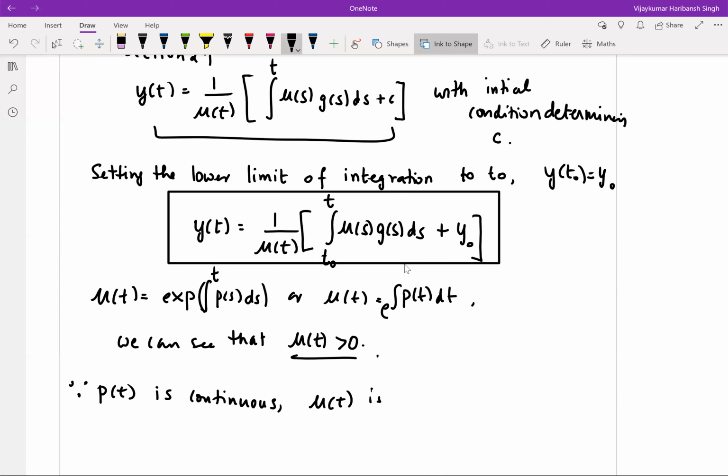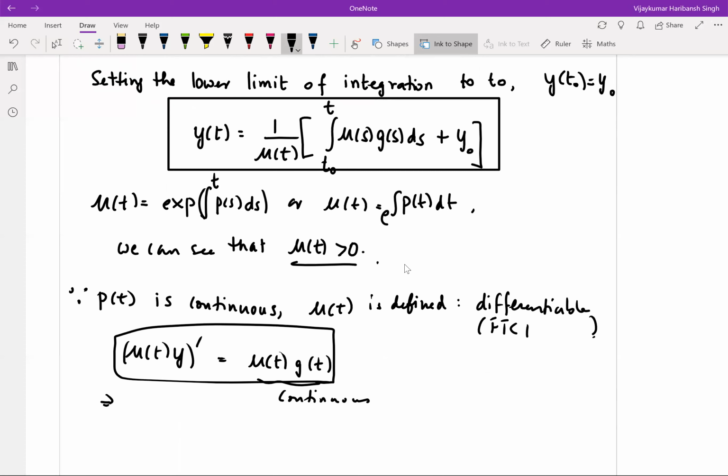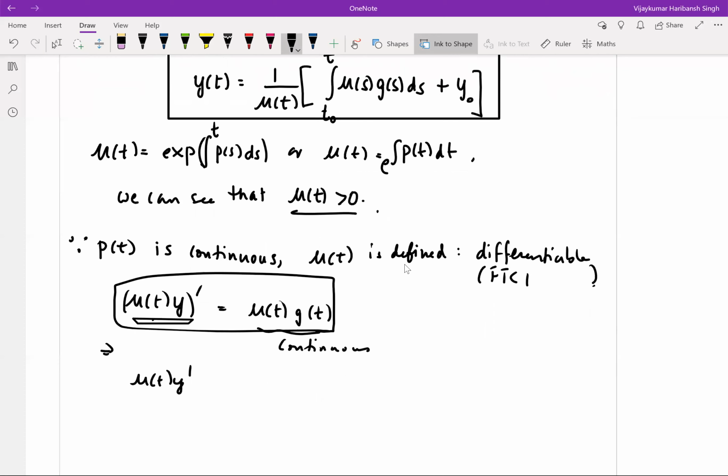So these two are continuous. Because g t is continuous and mu t is continuous, therefore it's integrable. So I can compute the antiderivative of this part here. So I get mu t y prime. This part is integrable because the right hand side is continuous. Continuous on where?